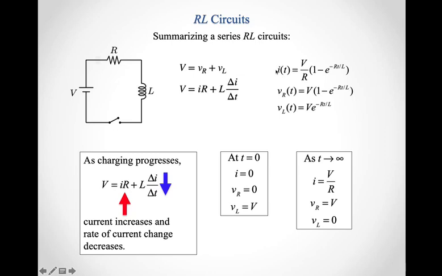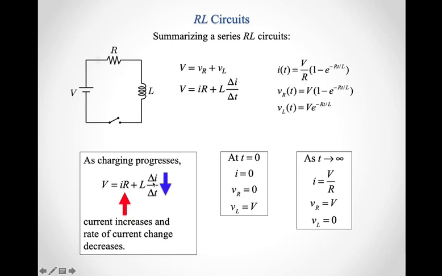Again, I know that the current is increasing, the voltage across the resistor is increasing, so both of these are V or V over R times 1 minus e to the minus RT over L. The back EMF from the inductor decreases as time goes on. As that happens, what that means, of course, is that the voltage across the resistor increases because the current increases, and the voltage across the inductor decreases because the rate of change of the current decreases.